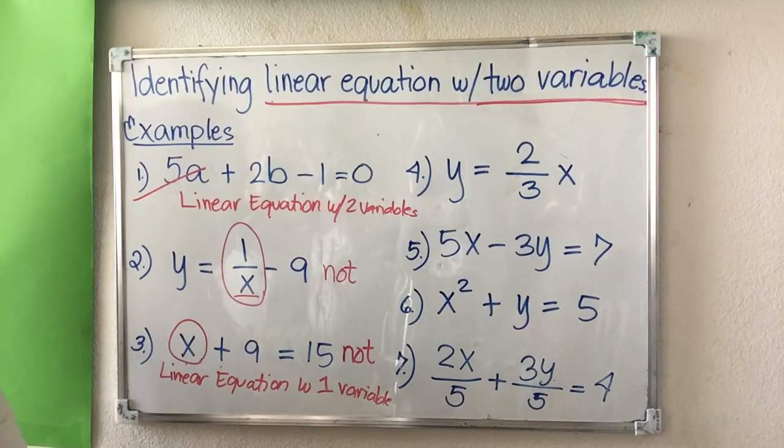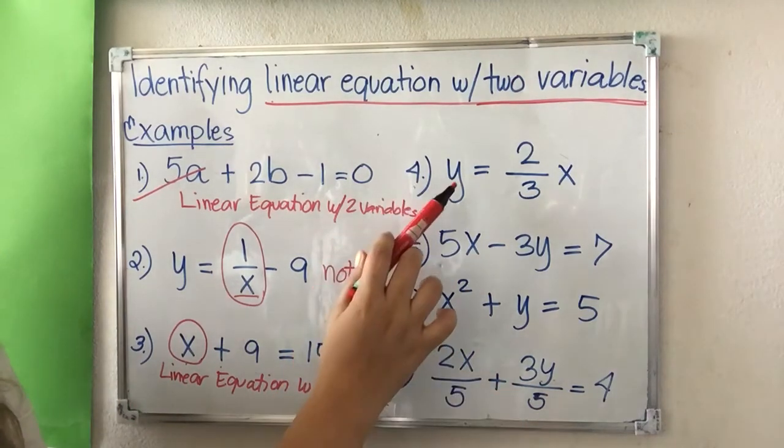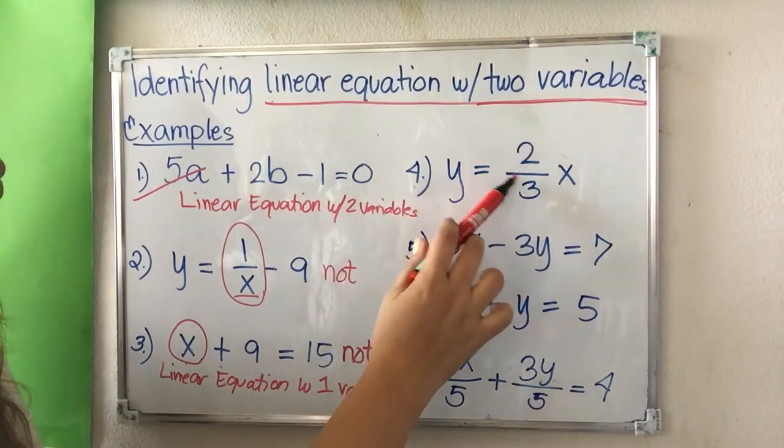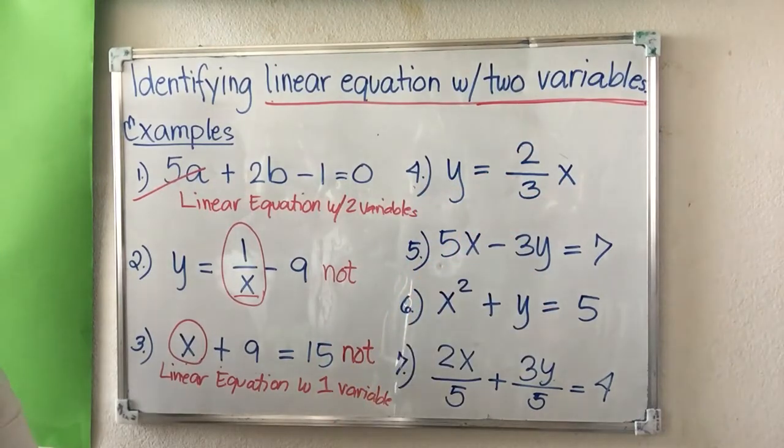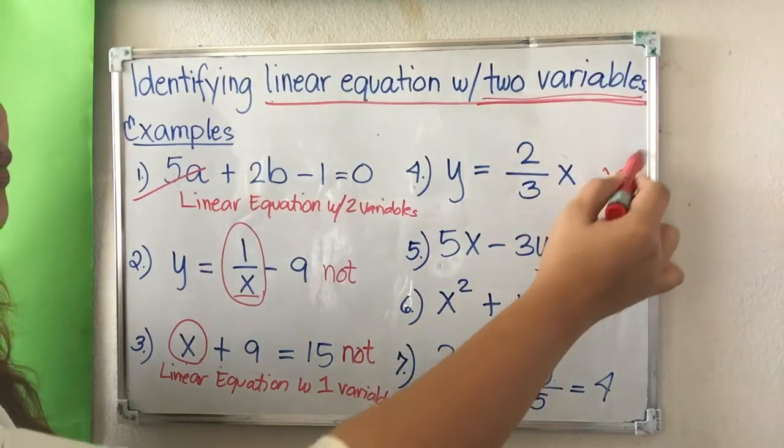How about example number 4? We have y is equal to 2 over 3x. So that is a linear equation with two variables.